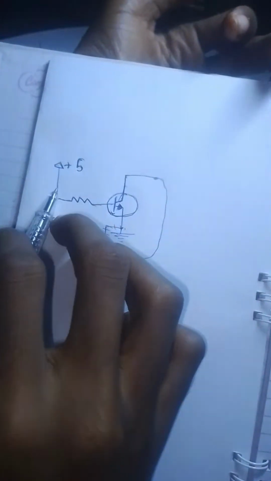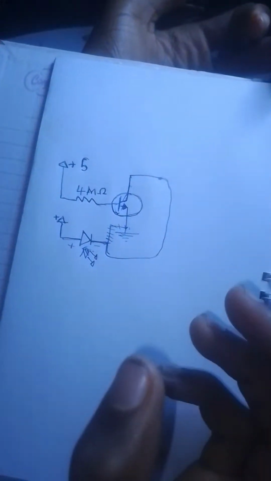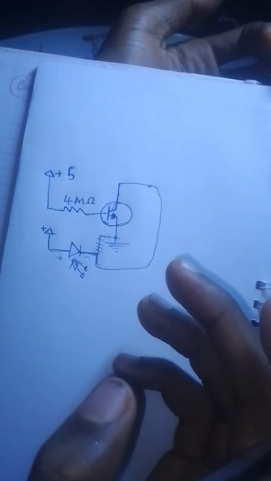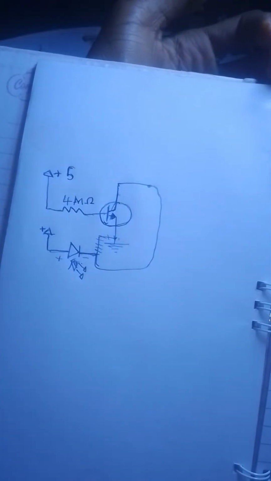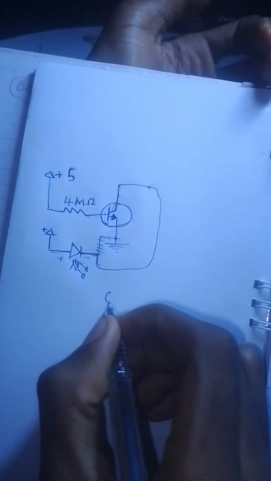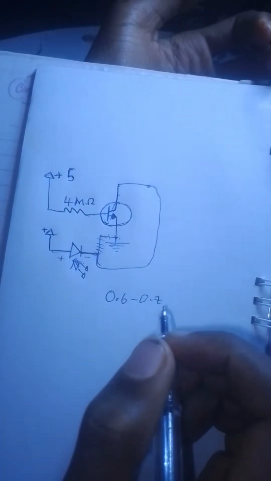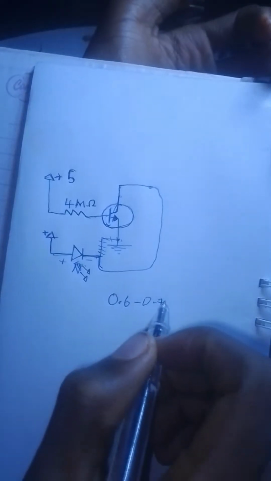Let me explain how it works. When the power flows through the transistor through this 4 mega ohm resistor, you guys will be wondering, 4 mega ohm is a lot. It's definitely not going to allow any current to flow to the transistor, and the transistor needs about 0.6 to 0.7 volts to turn on.